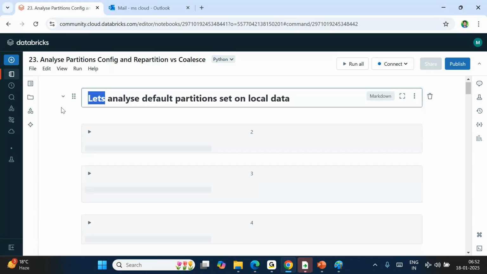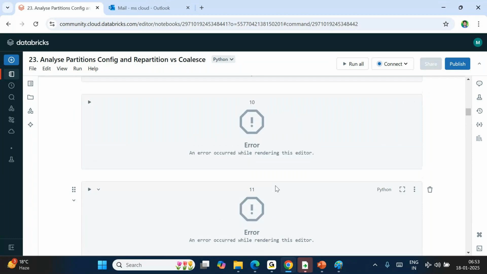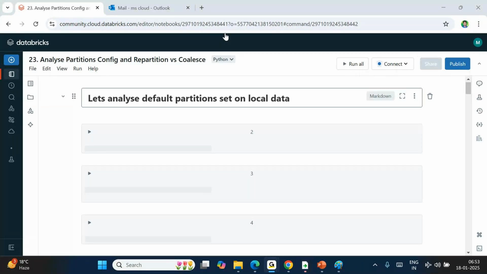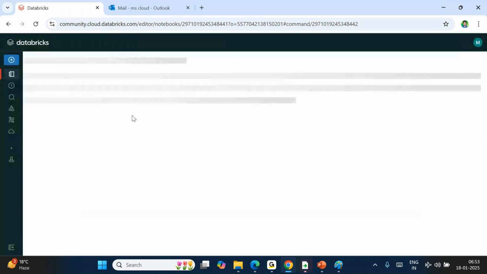Are you able to see my screen? Yes. Just a minute.